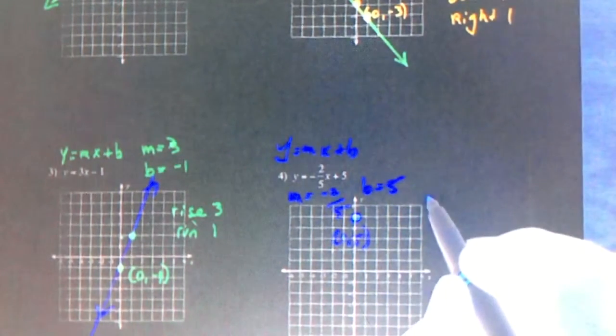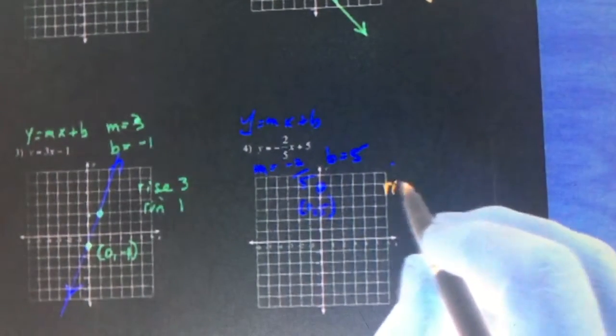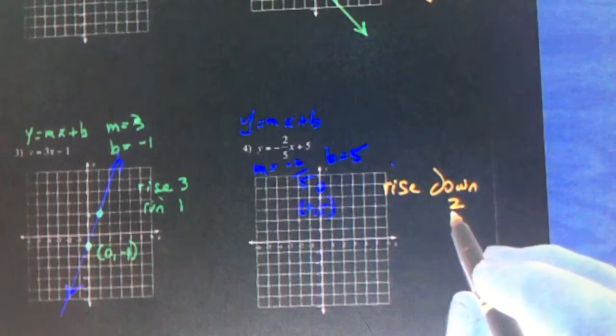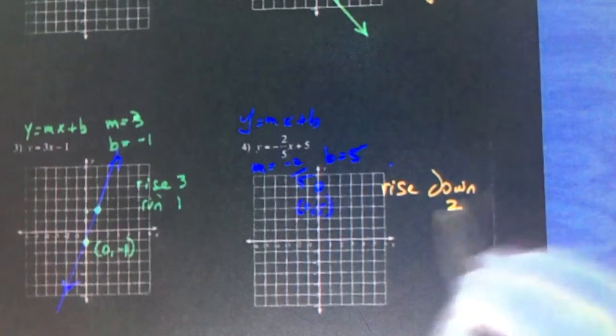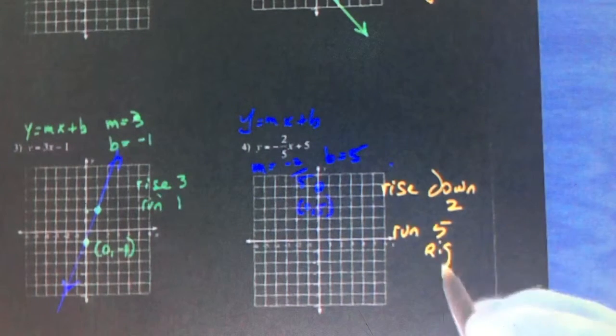The rise, it sounds counterintuitive, but it's -2, right? So rise down 2 and run 5 to the right. The run is positive.